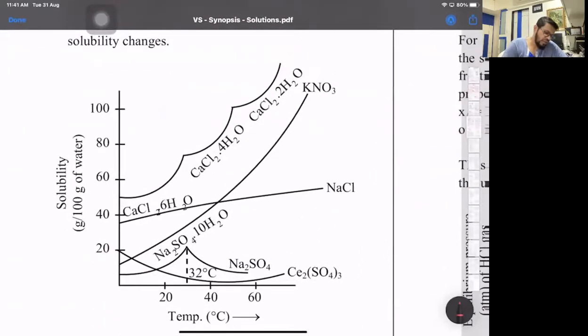Look at calcium chloride, the curve is increasing, but in a different form. Potassium nitrate straight away increases. As the temperature shoots up, NaCl is progressively increasing. If you see cerium sulfate, the solubility is decreasing. With sodium sulfate, first it increases and then it decreases.